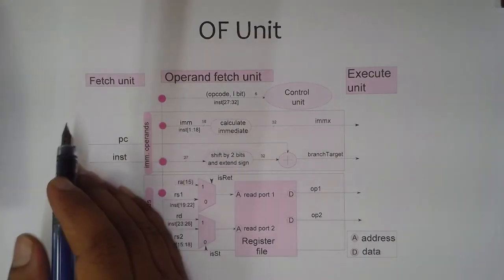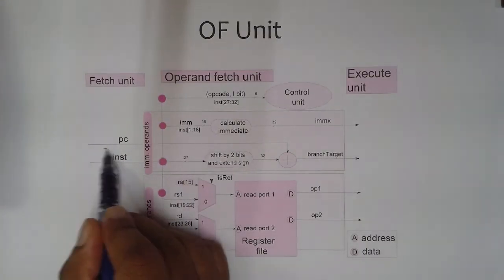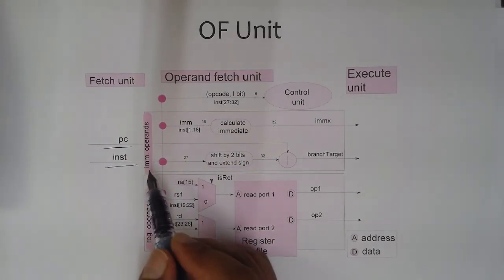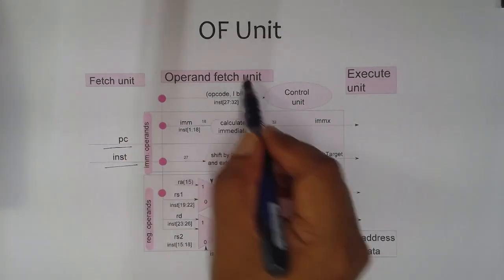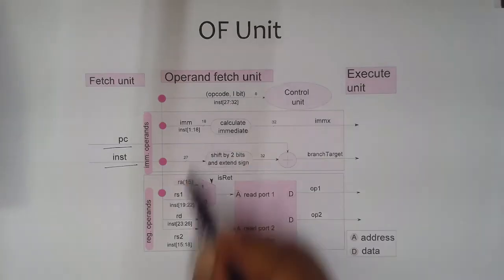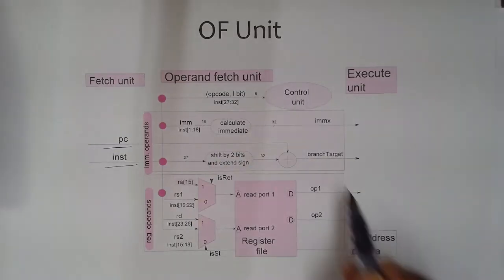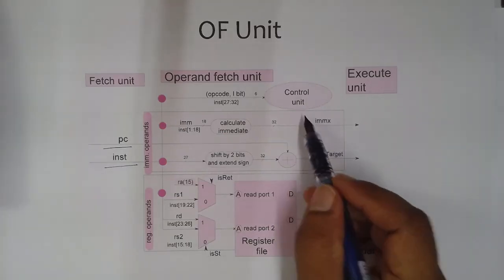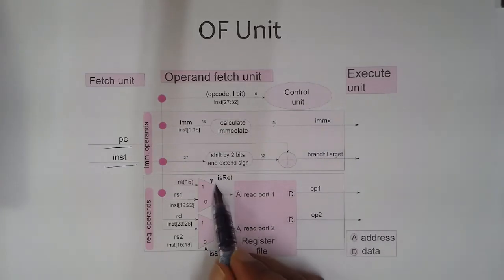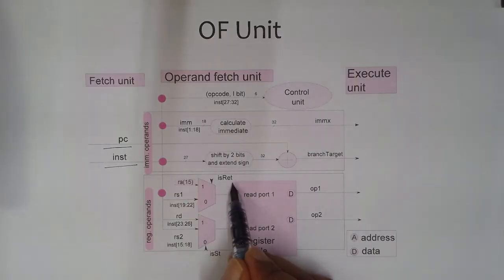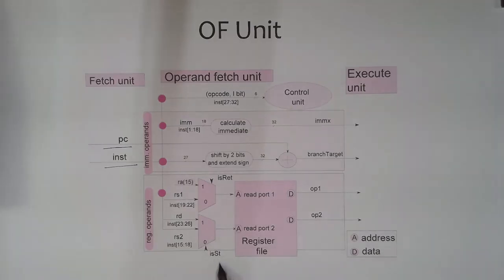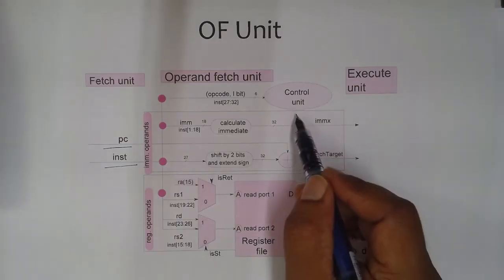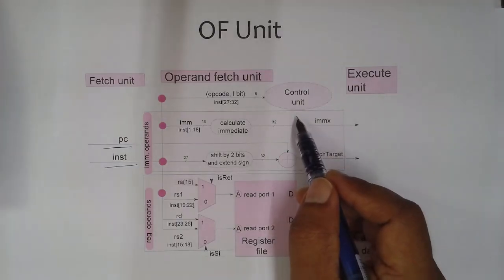You get the PC and instruction from the fetch unit. Of course, there is a control unit which we have not talked about. The control unit selects, for example, all these dotted control lines, whether it is a return value, whether it is a store instruction, which of these things need to be selected, and so on. These are done by the control unit, which we will talk about in a bit.